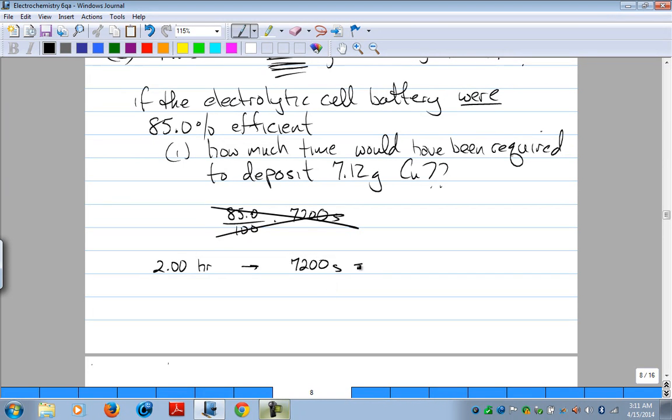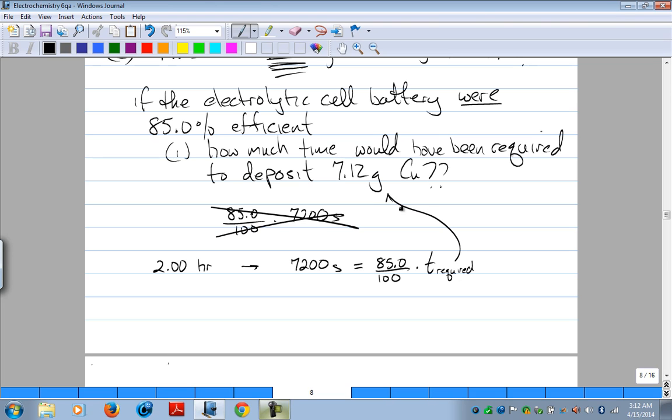So is an equal sign. 85%, you can use 0.85 or 85/100ths, whatever you want to do. 85/100ths of the time required to plate out the entire amount.